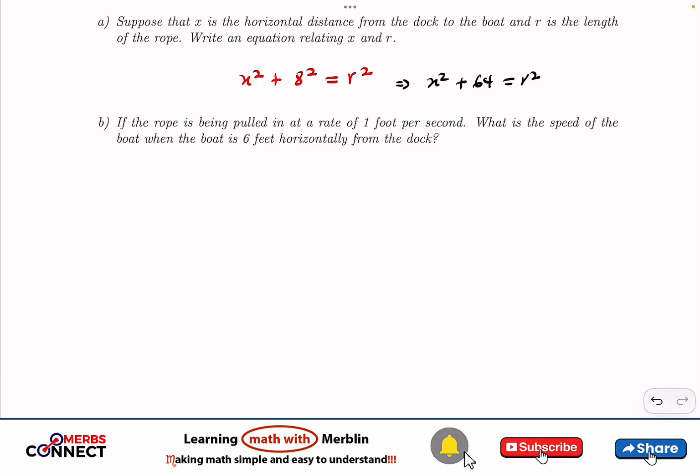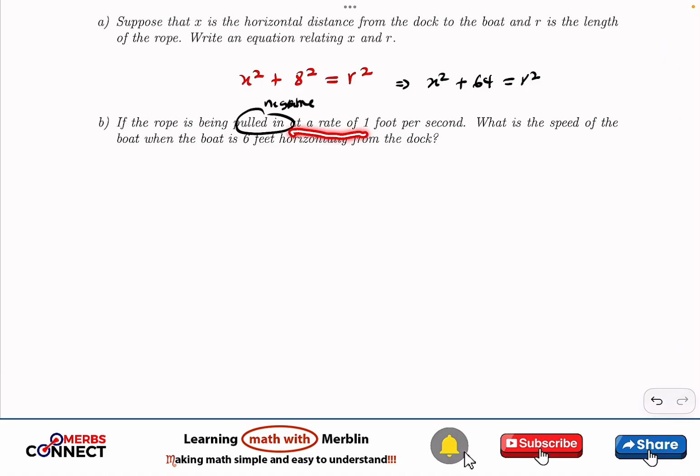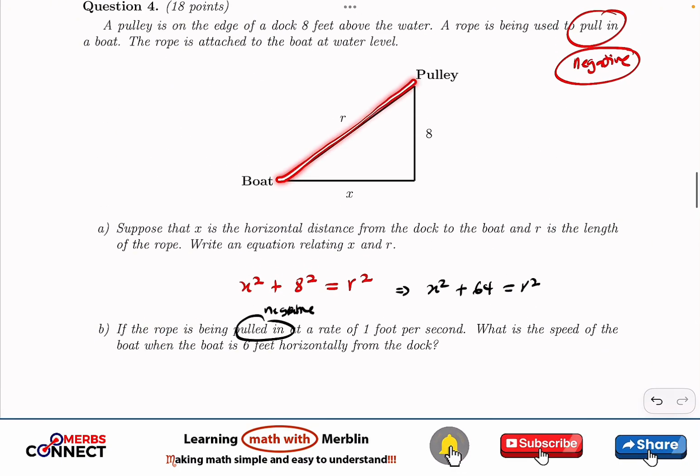Now the question is, if the rope is being pulled in, so as I said, pulled in here is a very strange word, so we need to think about negative, at a rate of 1 foot per second. Now, don't forget, we are talking about rope, and the rope is the r.